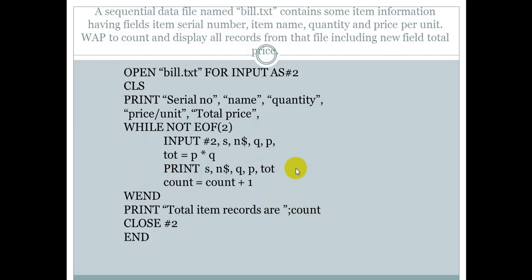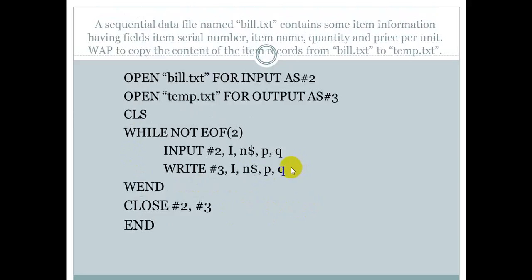Let's take another example. This program explains how to copy the content of a file from bill.txt to temp.txt. First of all, we should open the files in input and output mode. Bill.txt should be in input mode because we have to copy the content of bill to temp.txt.